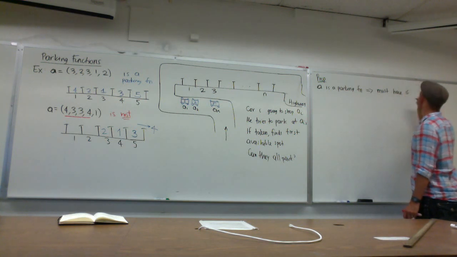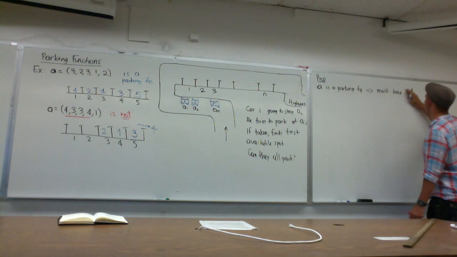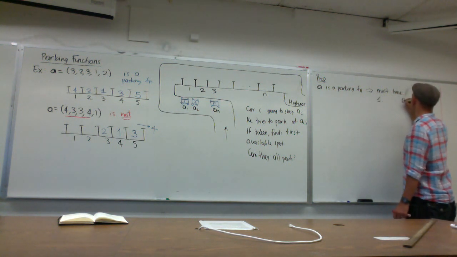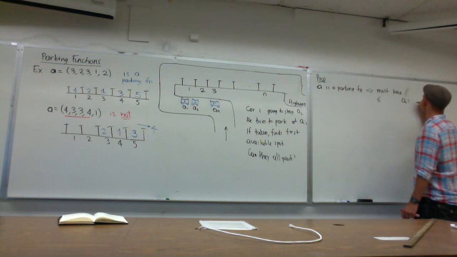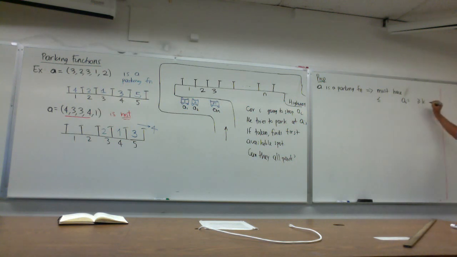So that's an argument for why, if you are a parking function, then I must have at most how many AIs that are bigger than or equal to k. Or let's say bigger than k. Well, bigger than k means that you have to take spot k plus 1 up to n.